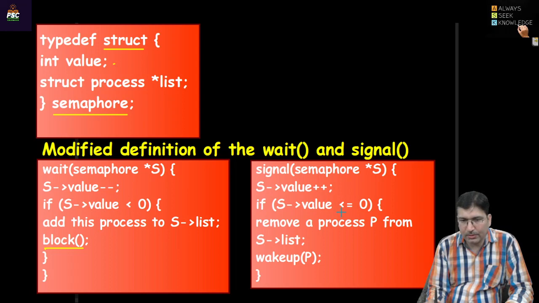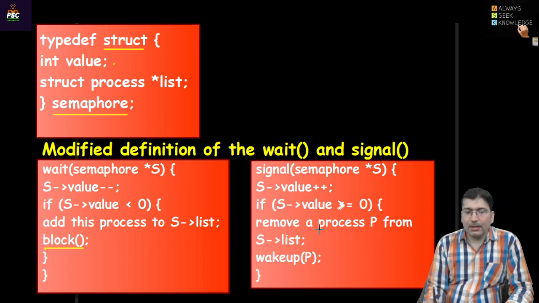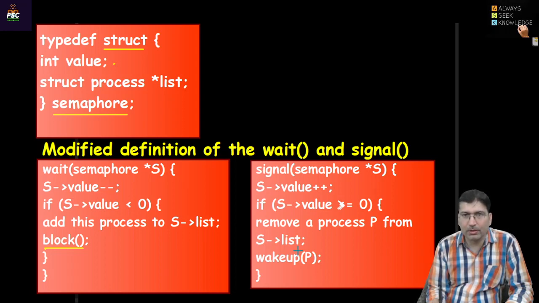Here it should be less than or equal to, so I'm making it so. So if the value is less than or equal to 0, then we remove the process P from the blocked list. The process will be removed from the blocked list and the process will be woken up.